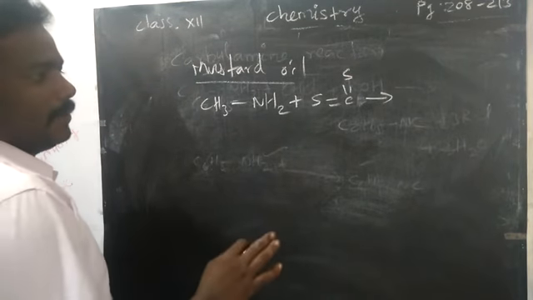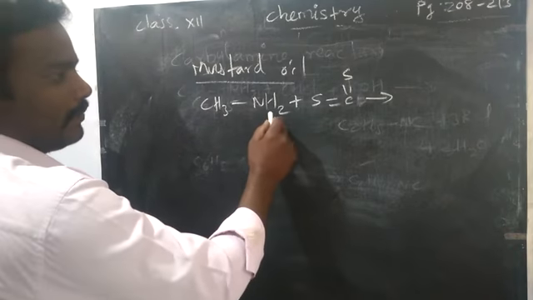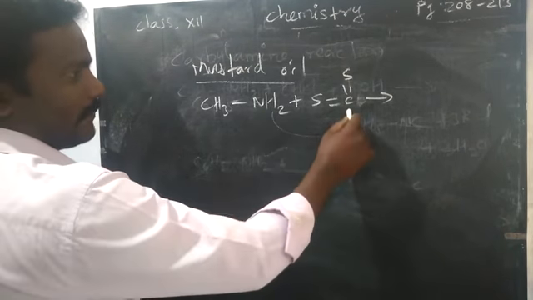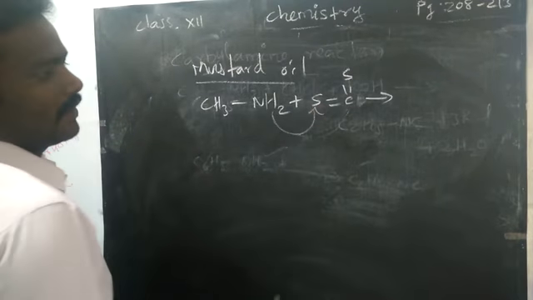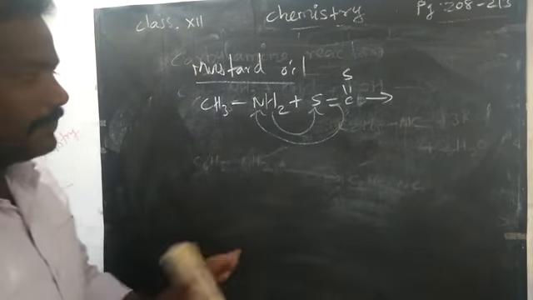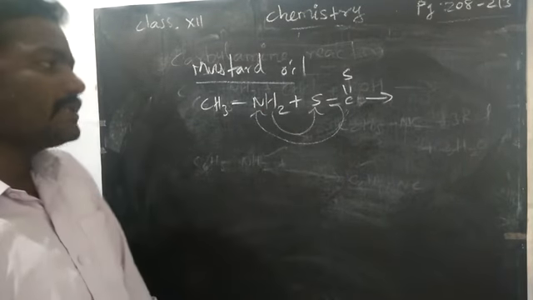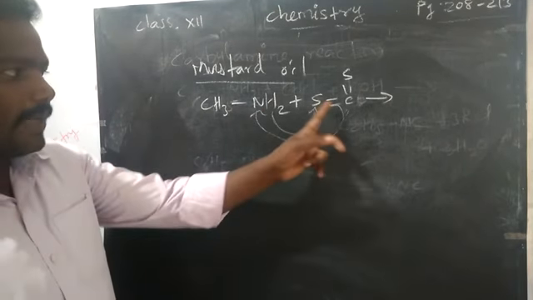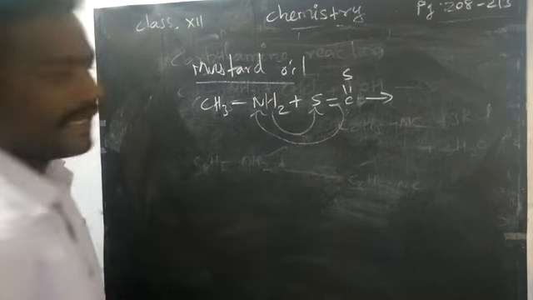Now what will happen? From the two hydrogens, one will migrate towards the sulfur, and then the bond will connect with the nitrogen. Simple. From two hydrogens you shift one hydrogen towards sulfur, so because of that increase of valency, this bond will break and form a bond with nitrogen.